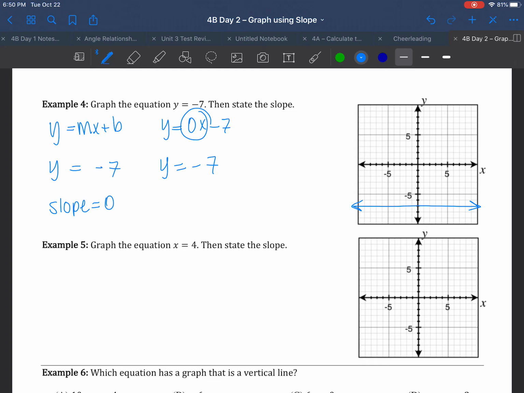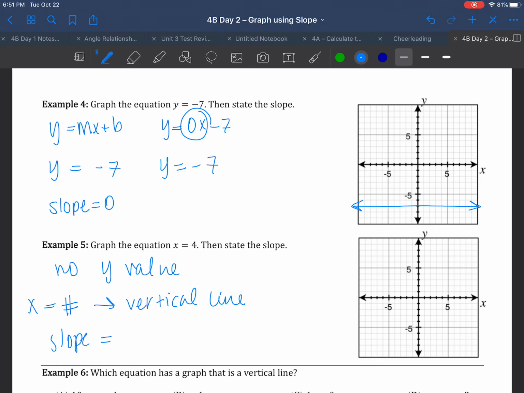Now example 5, I don't even have a y value here. So if I do not have a y value, and I just have x equals a number, that's going to be a vertical line, which means my slope is undefined.